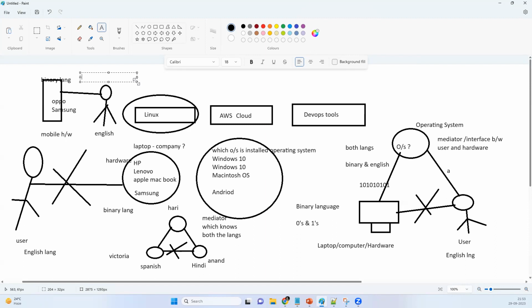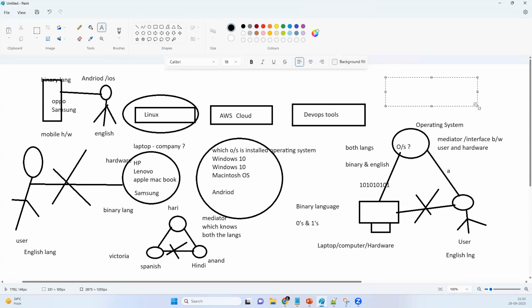Android, iOS. Android and iOS operating systems are installed. Then only we can communicate with the hardware, your mobile phones.